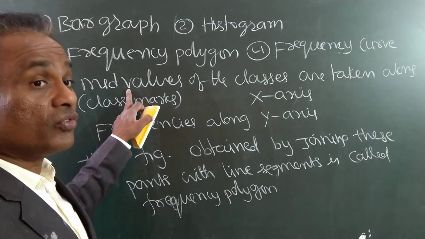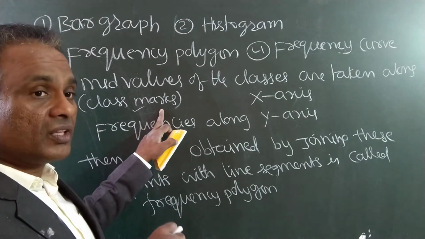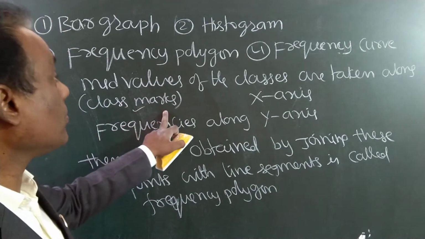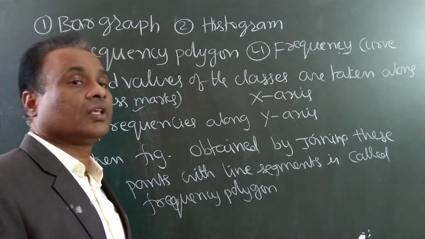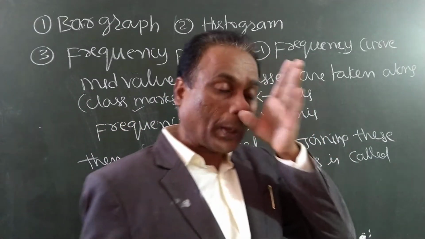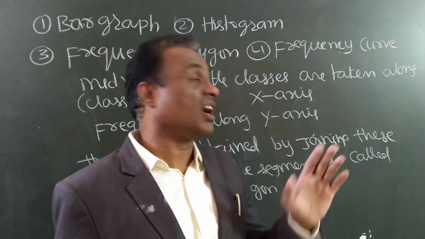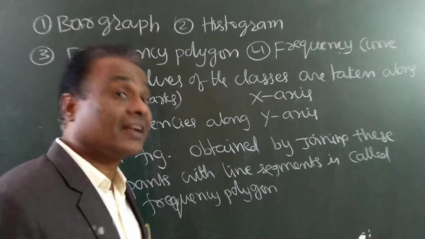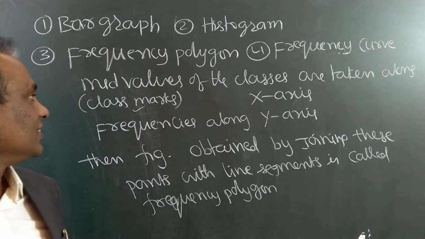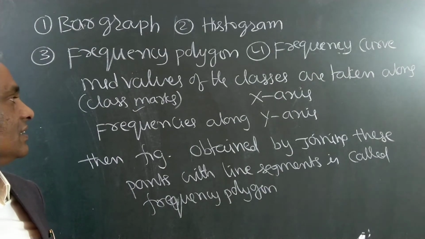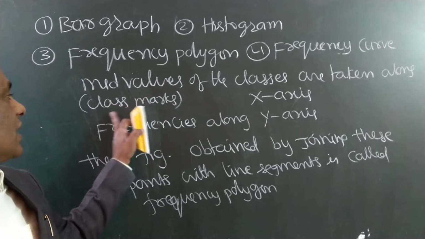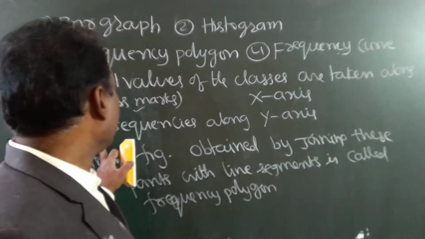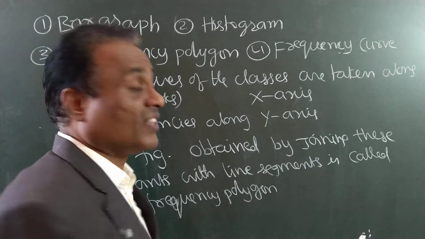Write down: mid values, within bracket class marks, of the classes are taken along x-axis, and frequencies along y-axis.